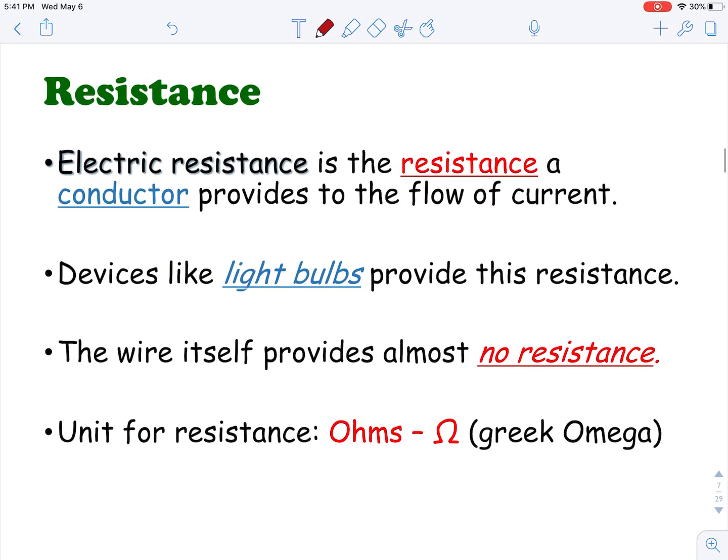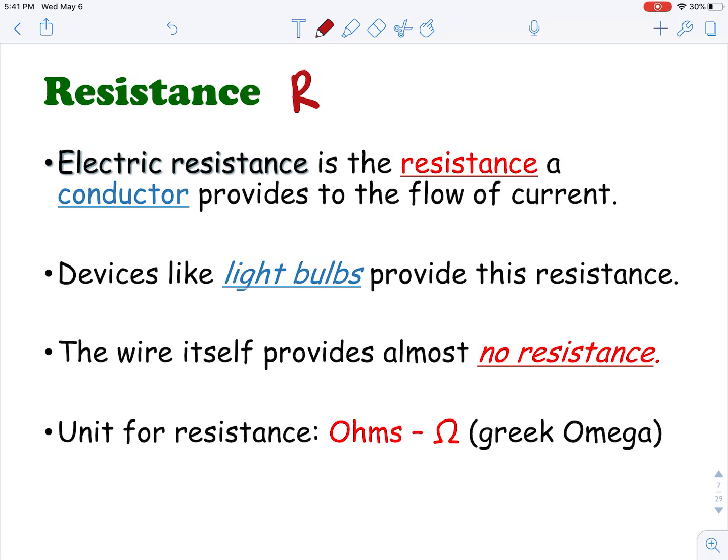The other thing needed for a circuit to work is something called resistance. And resistance is exactly like it sounds. It resists the flow of electrons. So really, anything that uses up energy, like light bulbs or motors, is going to provide a small amount of resistance.